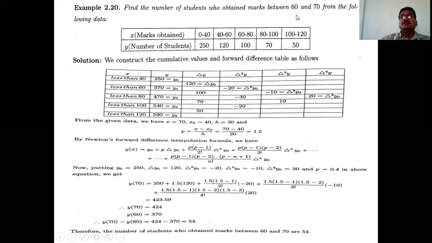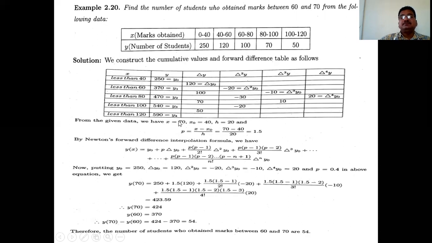The question is to obtain the students who obtained marks between 60 to 70, and we have to find the number of students who obtained marks less than 70. Therefore this is the first column and second column of the forward difference table. Then delta fx, delta square fx, delta cube fx, delta raised to 4 fx.